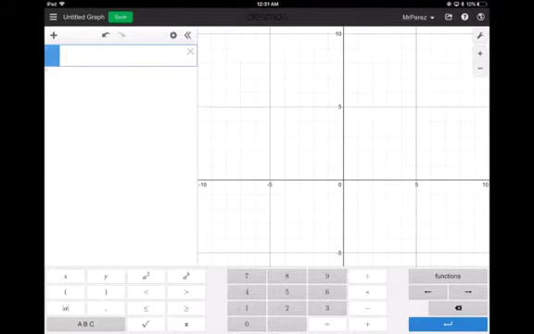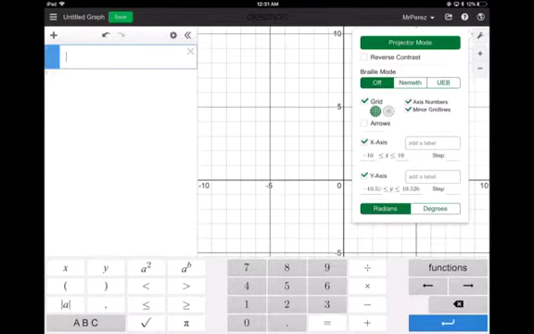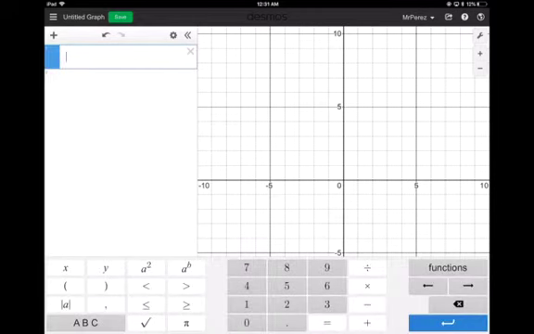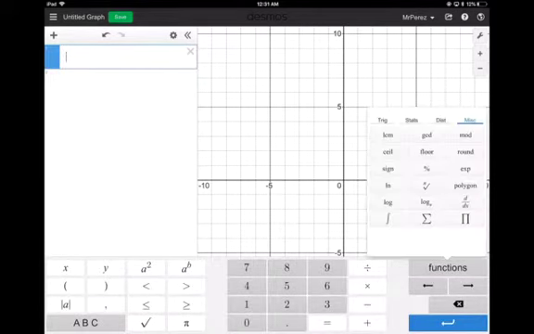In decimals, I'm going to put this in projector mode. If you go to functions, which is on the bottom right, and choose miscellaneous, the option all the way to your right, notice that you have the log feature.